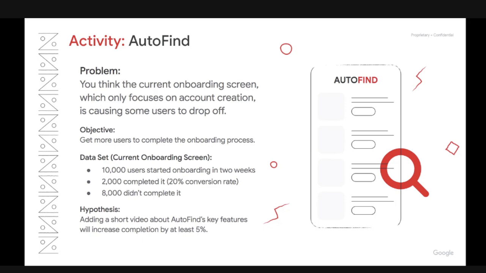Your objective is to get more users to complete the onboarding process. The data set is on the screen. Can you see that? 10,000 users started the onboarding process, all right? And 2,000 completed it. That's a 20% conversion rate. 8,000 didn't complete it. So you want to run a test, and the hypothesis is adding a short video about AutoFind's key features will increase completion by at least 5%.